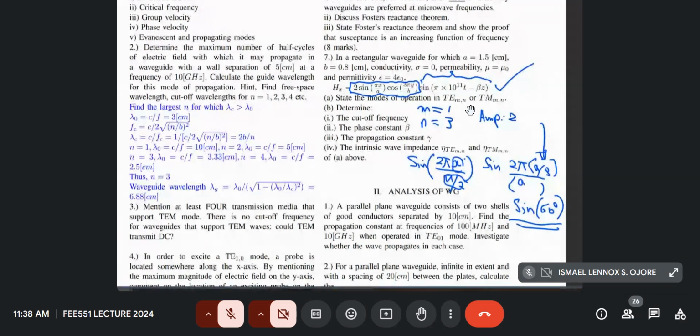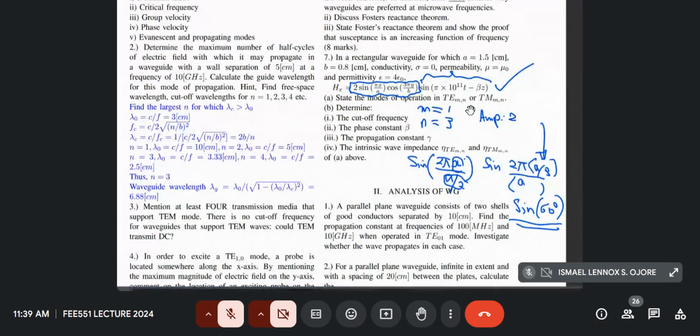If I gave you a TE mode, will HX exist? TE mode is transverse electric. What does not exist? In the definition of a TM mode, we only know that EZ will be 0 for a TE mode, because we are saying it is transverse electric.